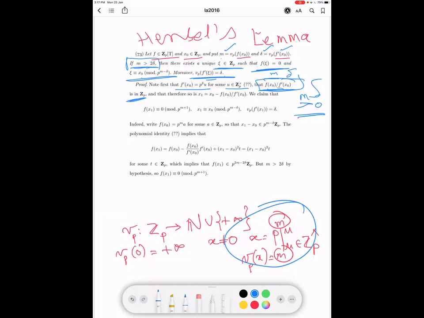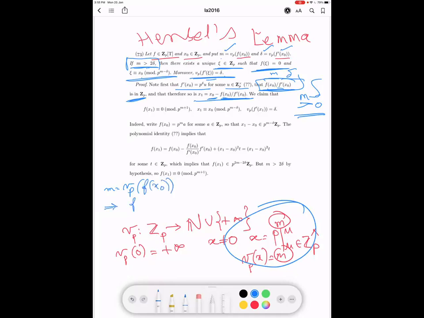Okay, and therefore, this we have proved just now. Now we claim that f of x1 is congruent to 0 modulo p to the m plus 1. m is equal to Vp of f of x naught.